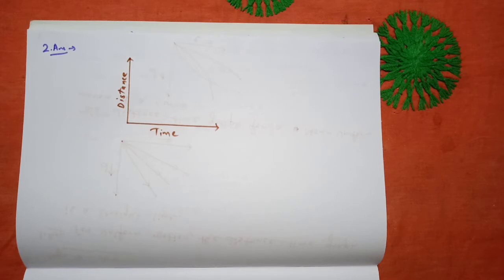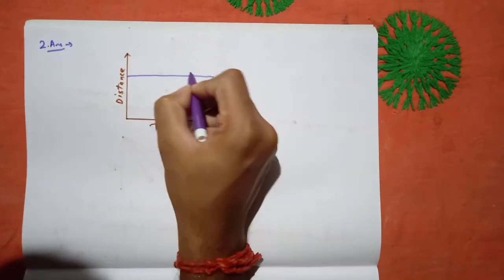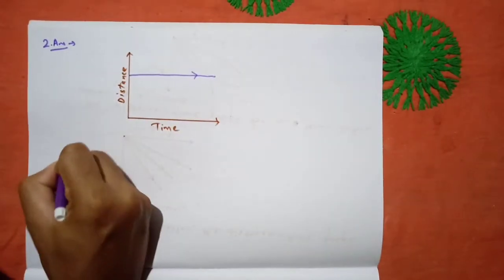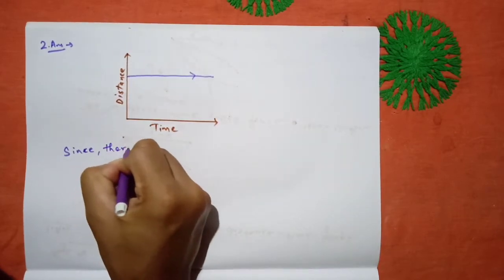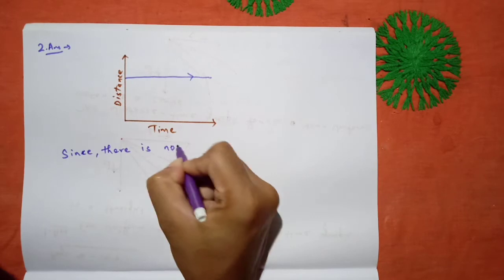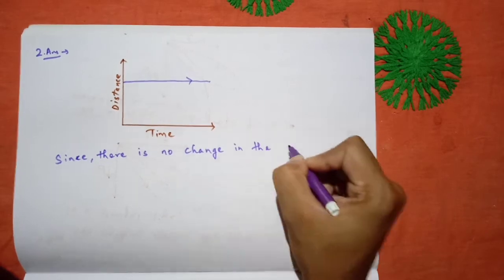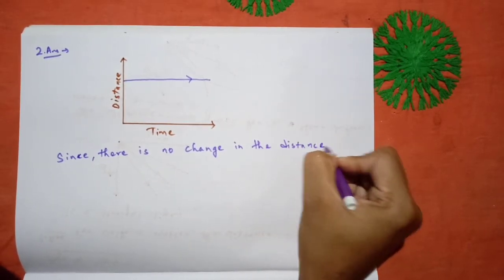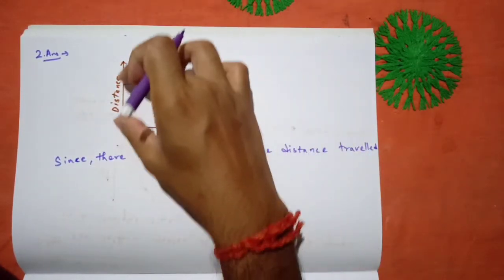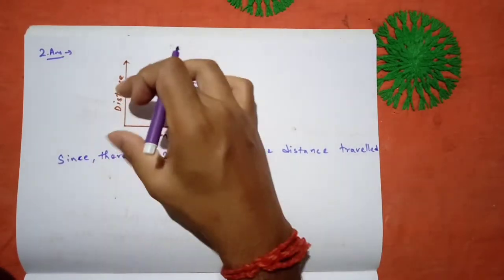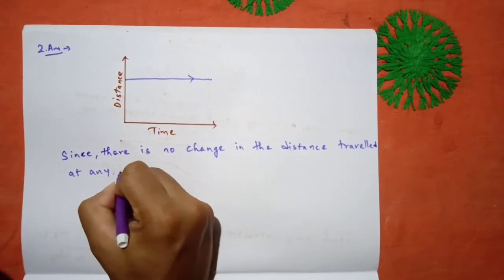So the distance time graph can be plotted like this, because there is no change in the distance traveled, that is on the y-axis, at any point.